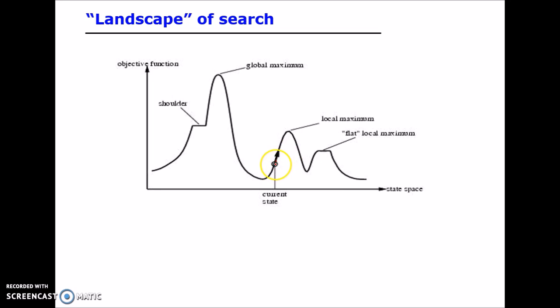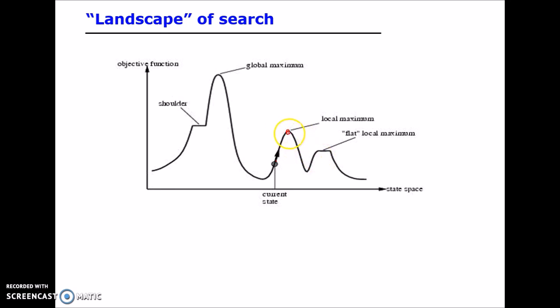We will compare this current state and this neighbor, and we will see which one has a higher objective value. If the neighbor has a higher objective value, we will move on to the neighbor and repeat the process until we reach a maxima. Suppose we reach this point.